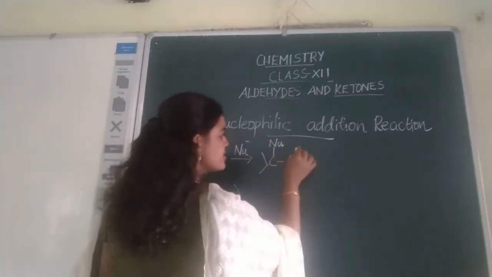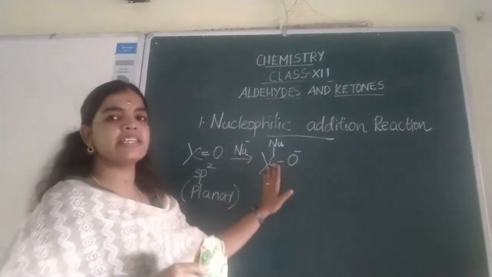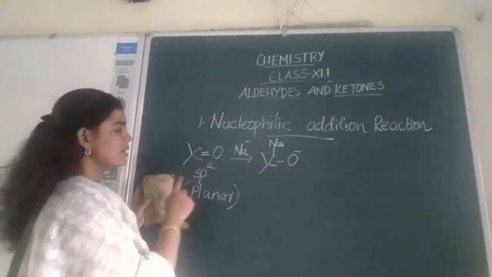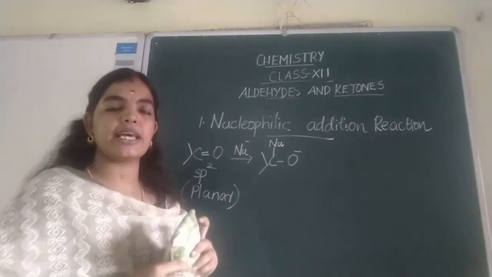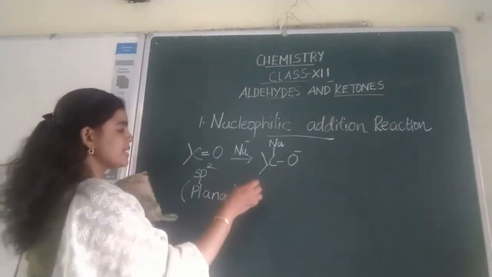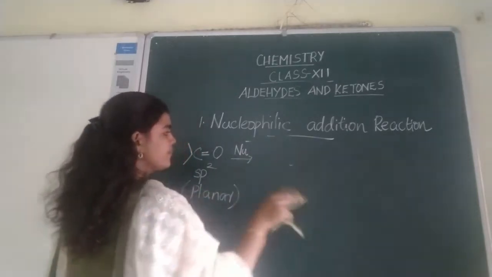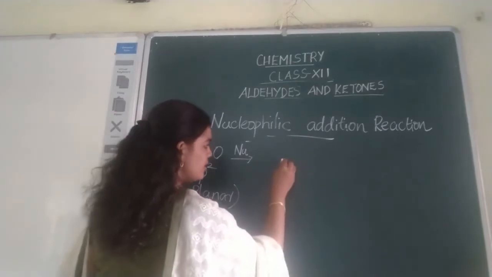Okay, and this oxygen has a negative charge. We get an intermediate like this, and this particular intermediate is known as the alkoxide intermediate.